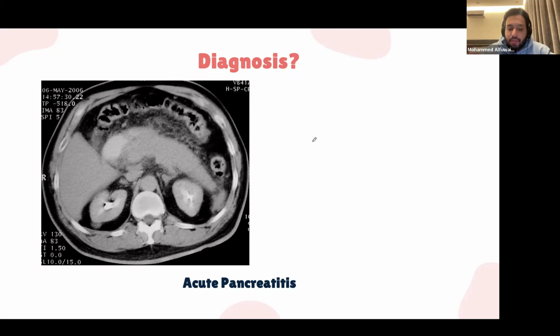How do you diagnose it? There's a criteria. You need 2 out of 3 of this. Firstly, is the clinical signs that the patient has. Epigastric pain radiating to the back, nausea, vomiting, fever, and so on. Okay? Most important is epigastric pain radiating to the back. The second thing is, what lab test do you order?